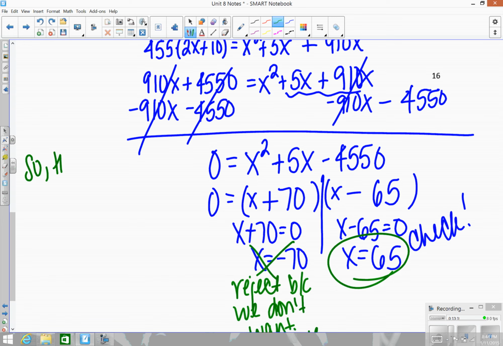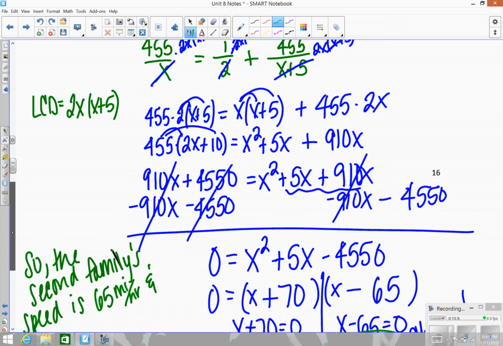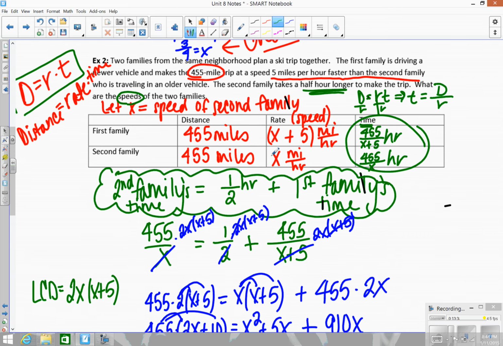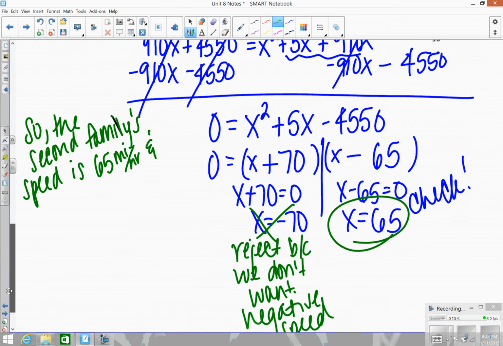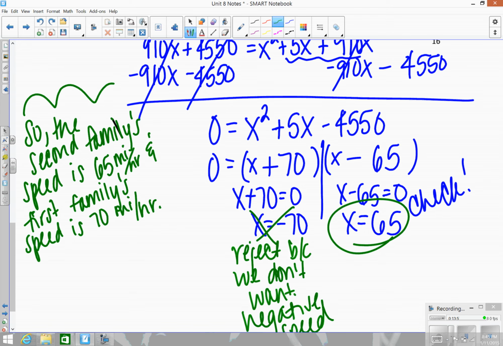The second family's speed is 65 miles per hour. And to figure out the first family, the second family is 65, so the first family is going to be 65 plus 5, which is 70 miles per hour. So that would be it for that problem.